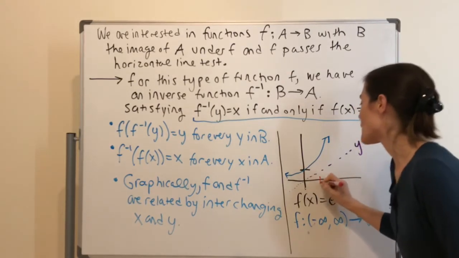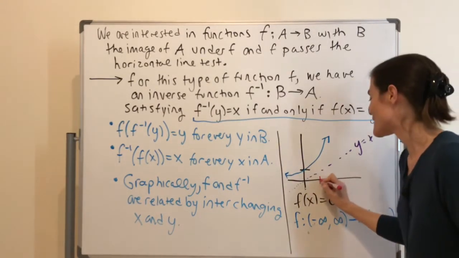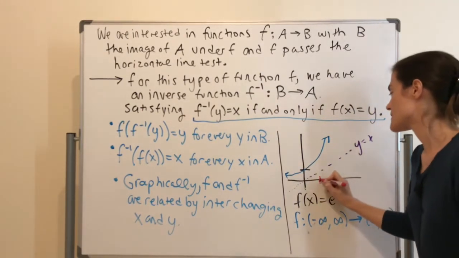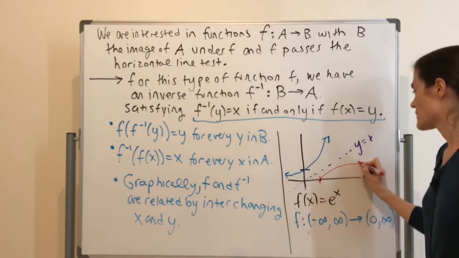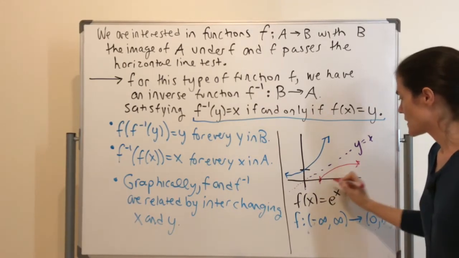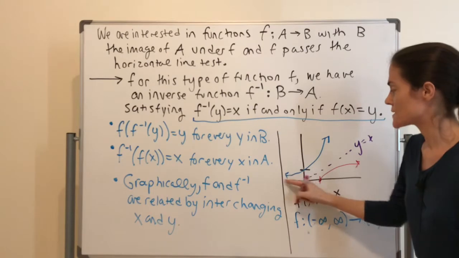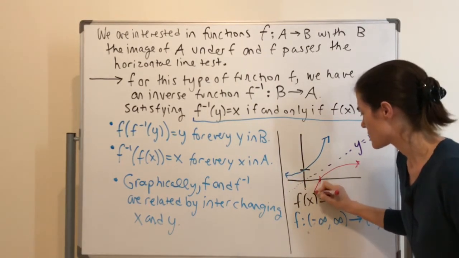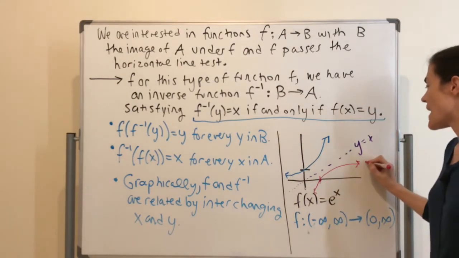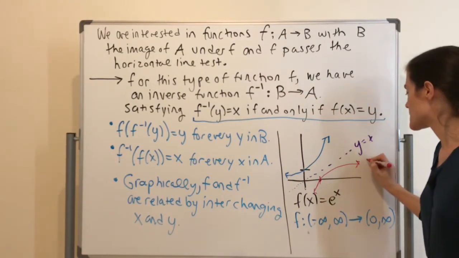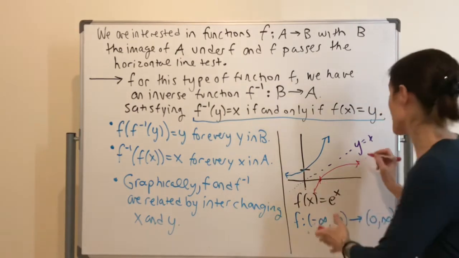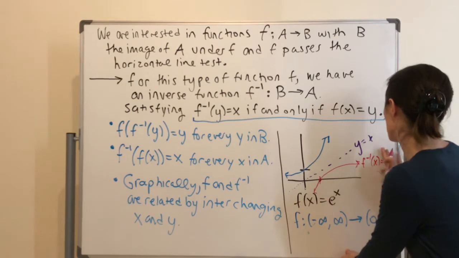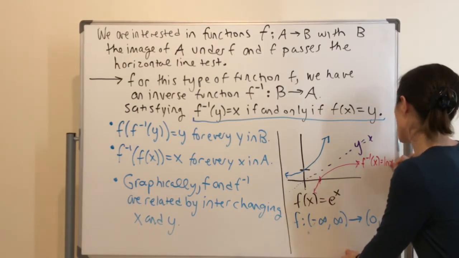This point, the point 0, 1 goes here, 1, 0, and then this arc goes here, and then this part going towards the x-axis will come down towards the y-axis. This is the graph, so here, this is the natural log. f inverse of x is ln x, okay?